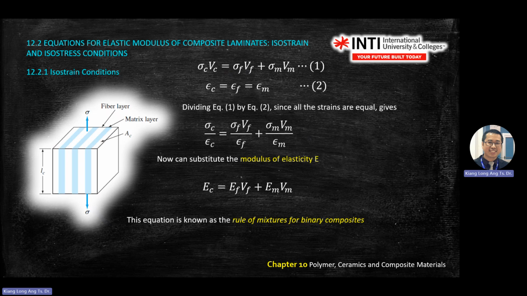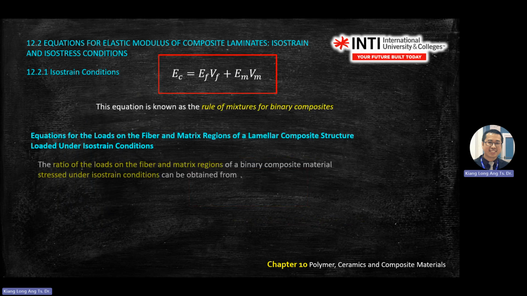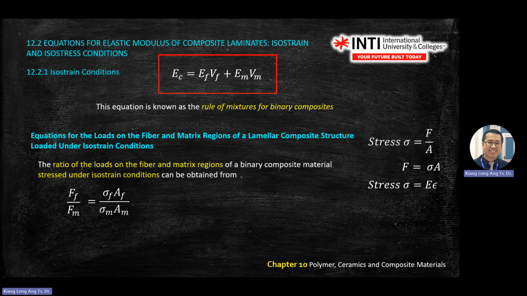What is missing? Okay, then you just substitute the values. Okay, so this is isostrain. So for the equation of load, the ratio of the loads on the fiber and matrix regions of this binary composite under isostrain, you can use this equation. Okay, you can use this equation.